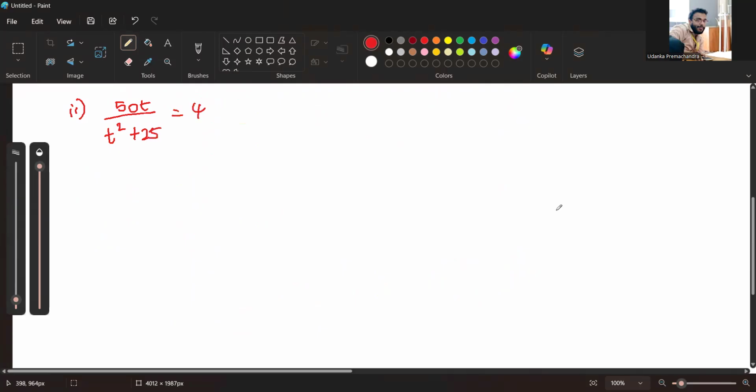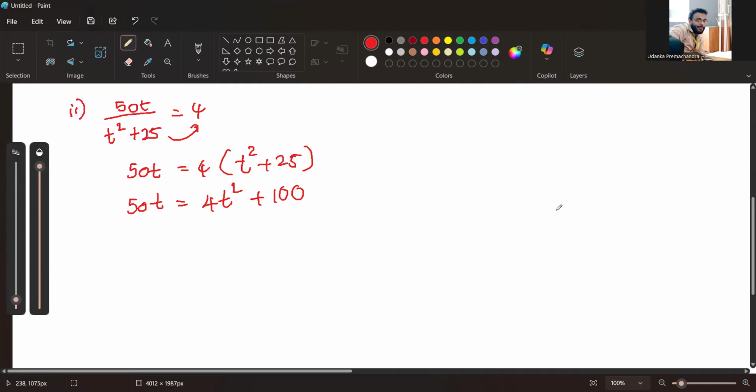Now simplify. The divisor goes to the other side and becomes multiplication: 50T equals 4 times (T squared plus 25). Now multiply: 50T equals 4T squared plus 100.